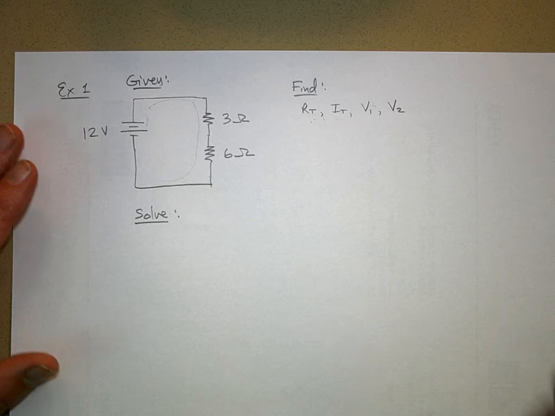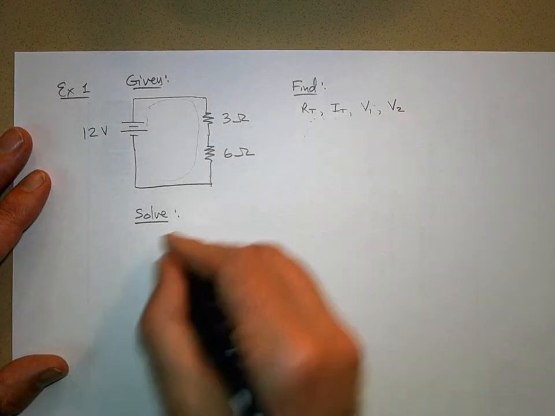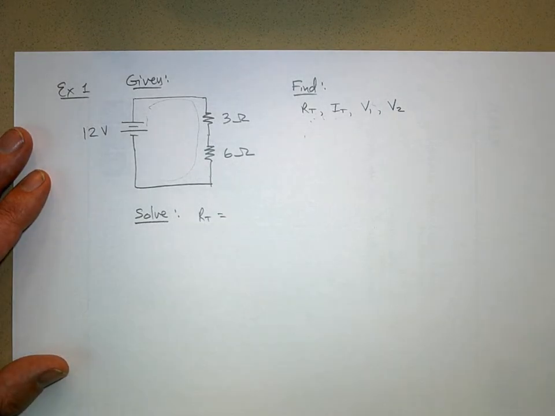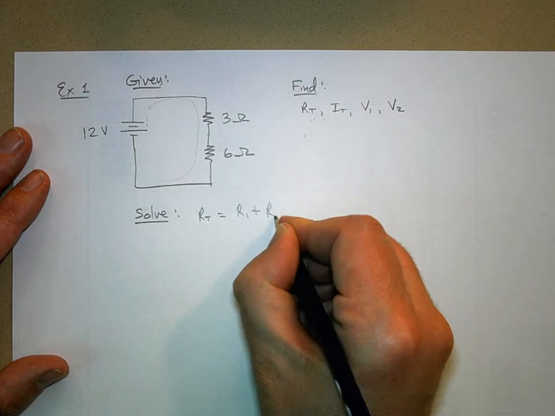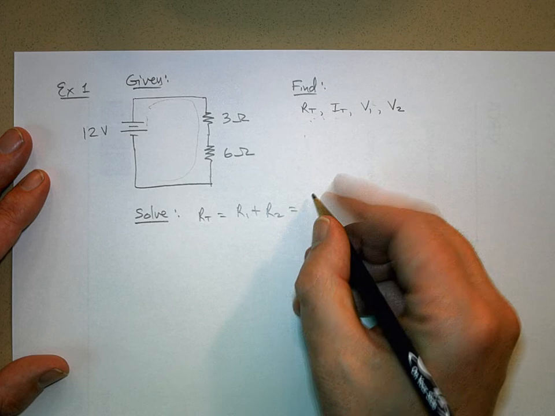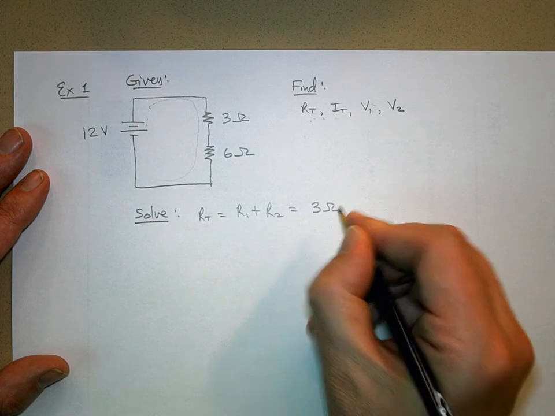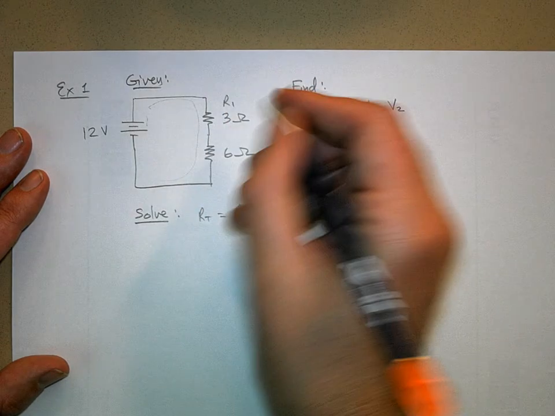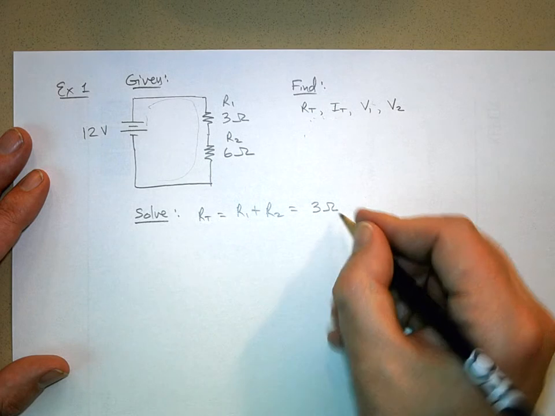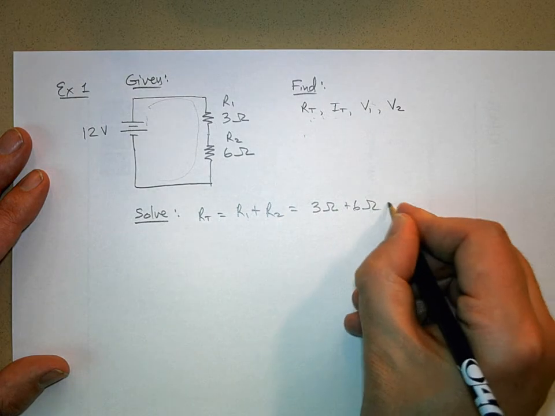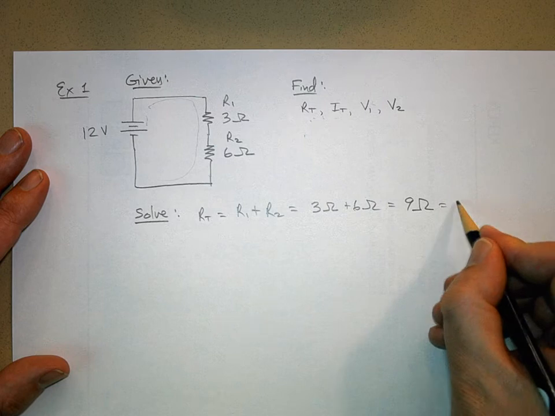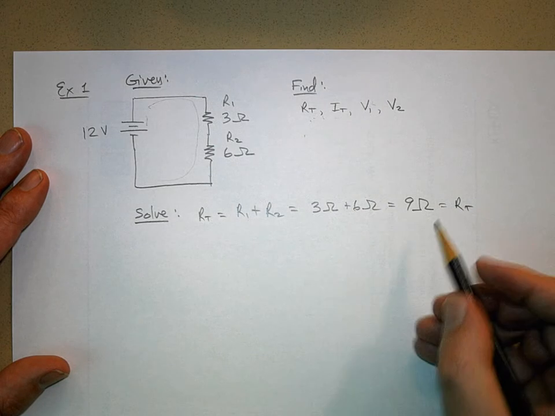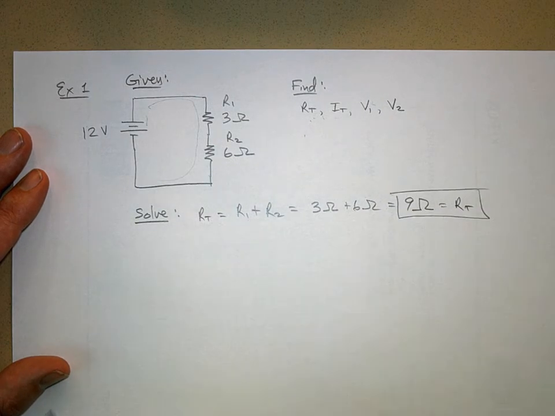And we know that the total resistance for resistors in series is just R1 plus R2. We'll call this R1 and this R2. That's going to be equal to 3 ohms plus 6 ohms, 9 ohms equals the total resistance. Got it. Put a little check up there so you know you got it.